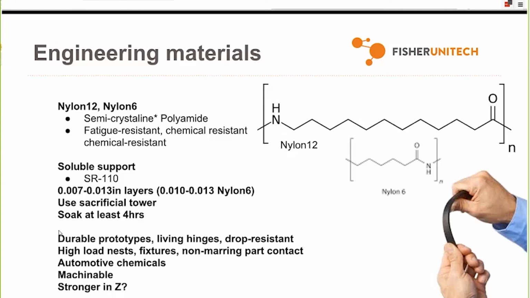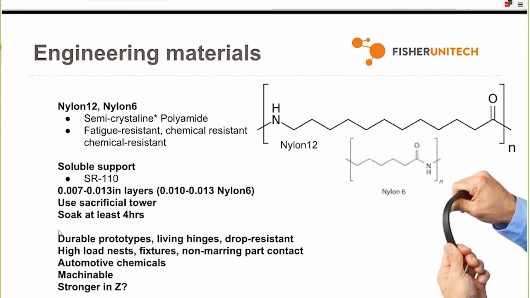But nylons are annealable, and Stratasys does have documentation on how to do that, specifically for nylon. And by annealing the part, again, that's the post-heat treatment process, you can raise the heat deflection temperature of nylons to about the same as ABS. Now, that also increases the strength and the isotropic nature of nylons.